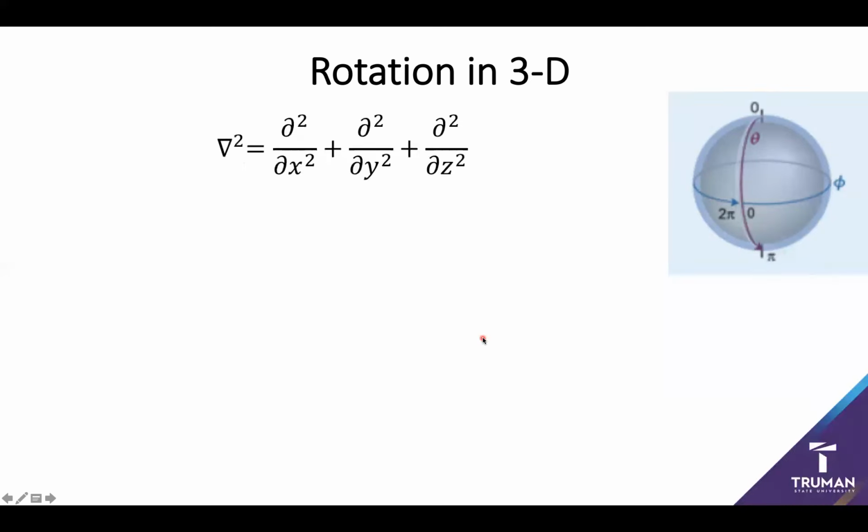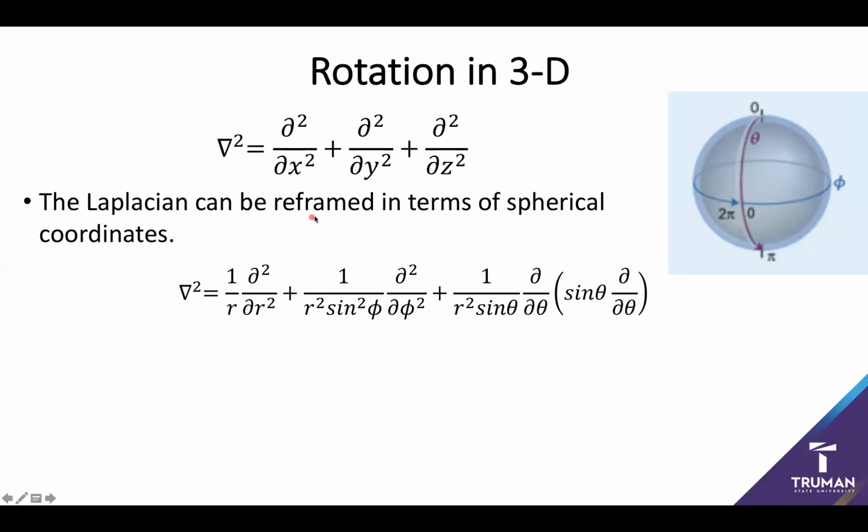And this is really where our spherical coordinates are going to come into play. So last time we got a little bit lucky. We only needed to use cylindrical coordinates. It turns out the conversion from a Cartesian Laplacian to a spherical Laplacian is a little bit annoying because it generates a lot of terms.